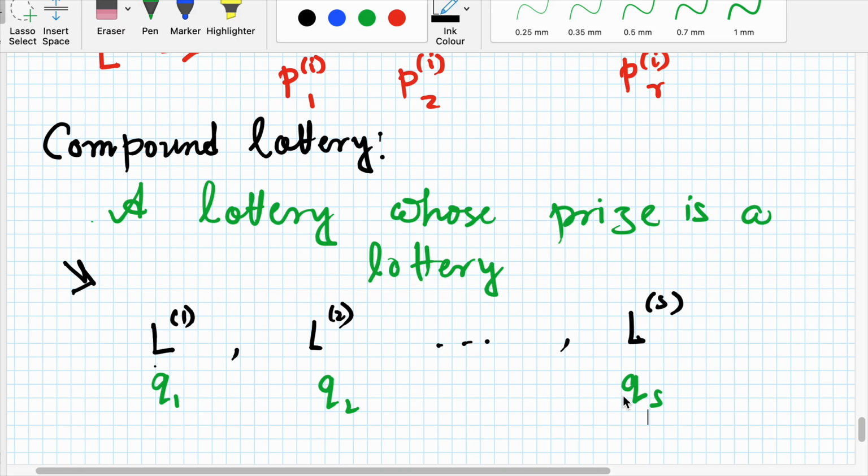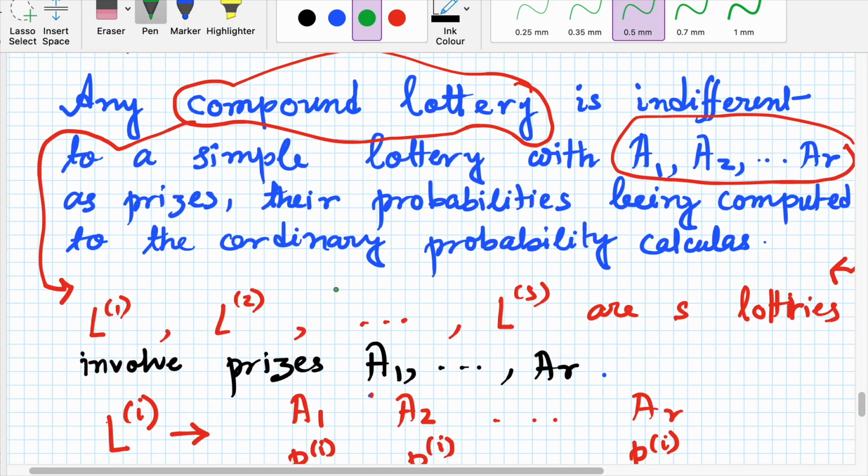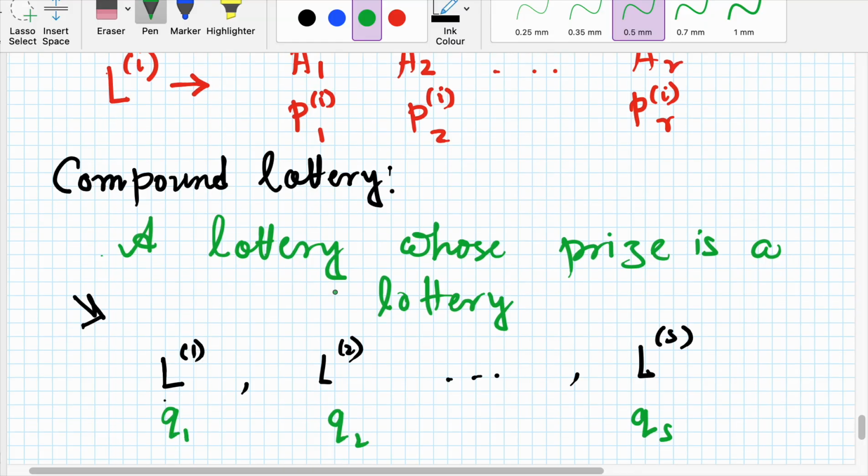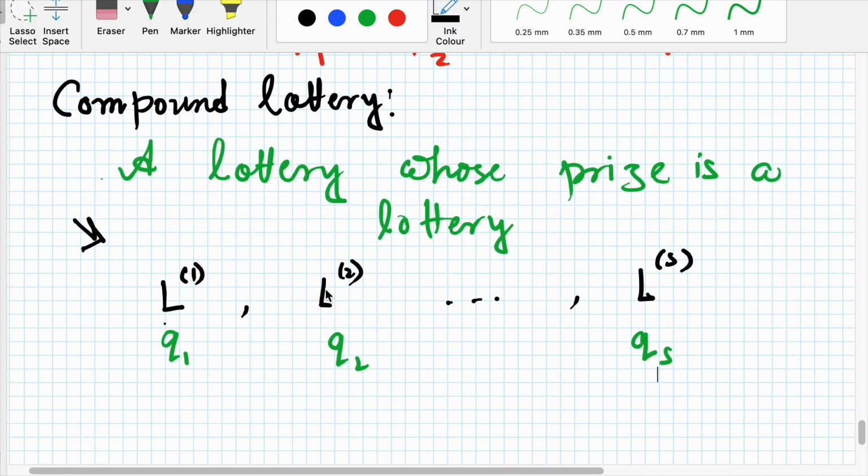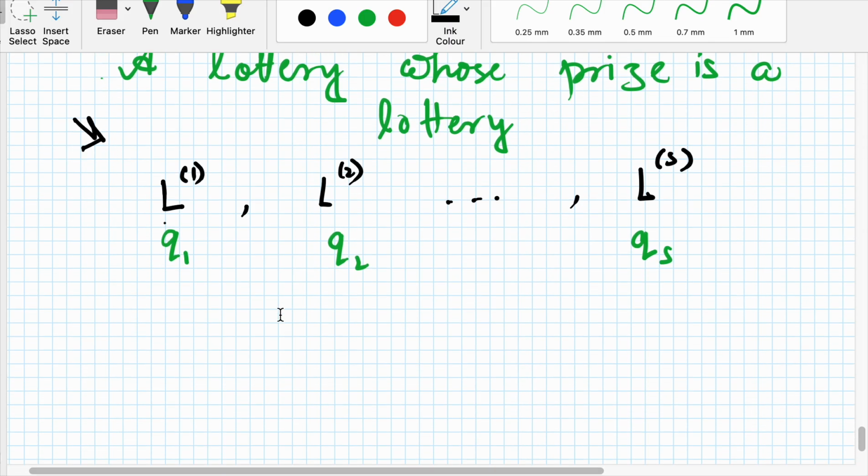Now this axiom says that if I present a compound lottery like this to any individual, that individual can generalize this.